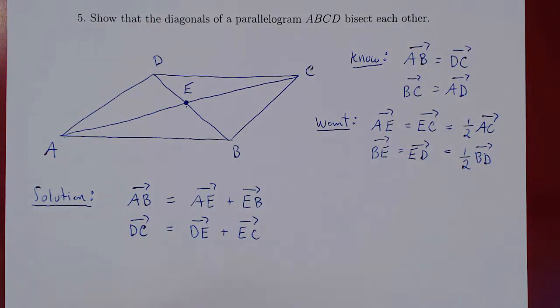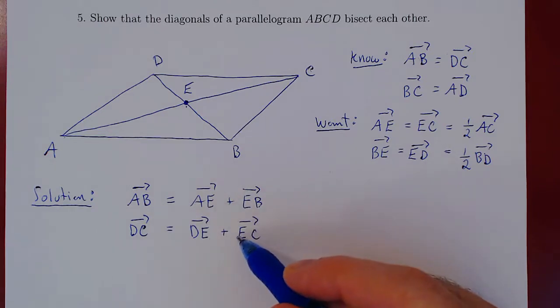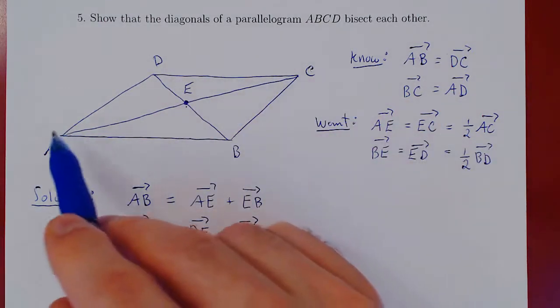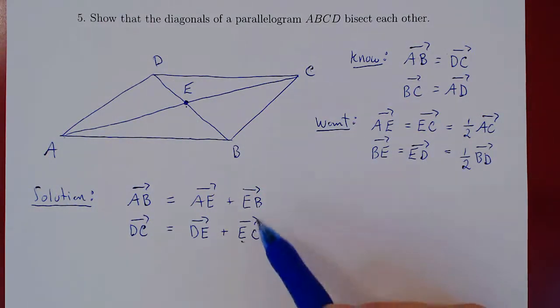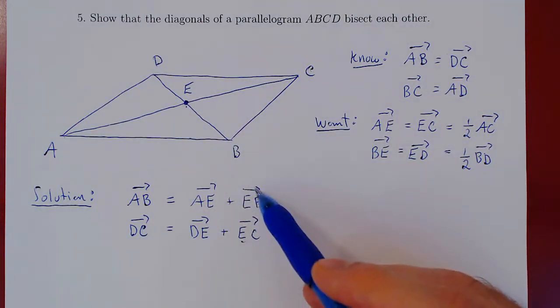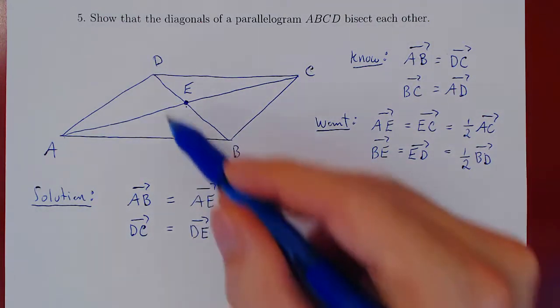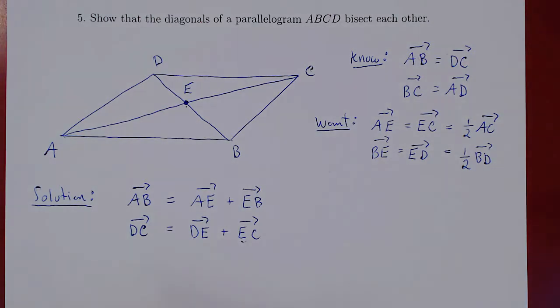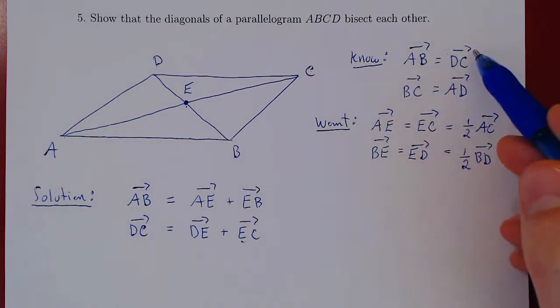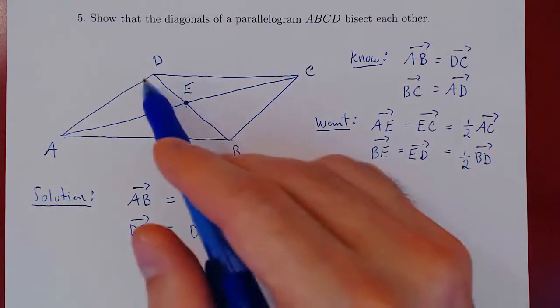And now we have here 4 vectors on the diagonals, right? Vector AE, vector EC, vector EB, and vector DE. The idea is, how can we combine them together? Well, by assumption, vector AB and vector DC are equal because we assume that we had a parallelogram.